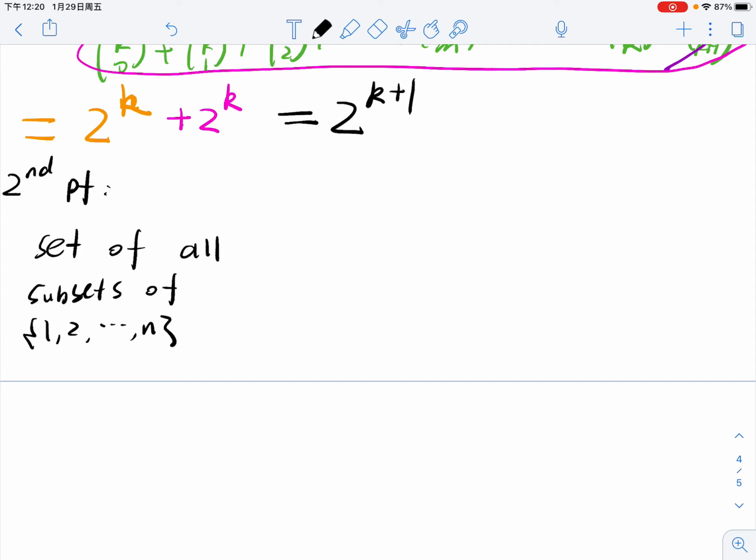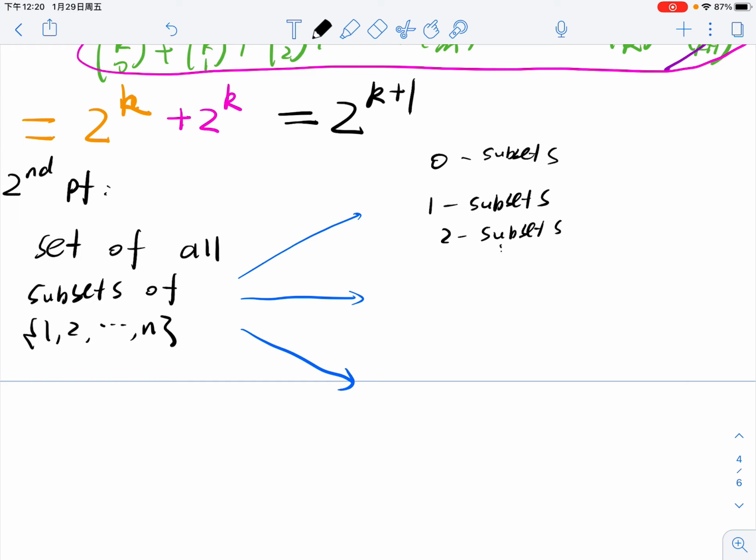And on the right-hand side, we just divide the left-hand side into the following subsets: 0 subsets, 1 subsets, 2 subsets, k subsets, n subsets.